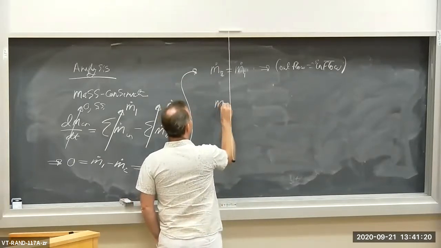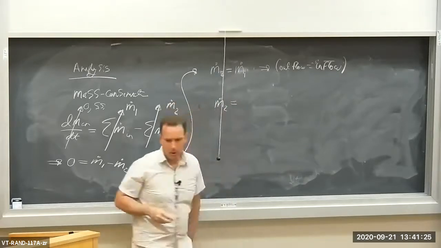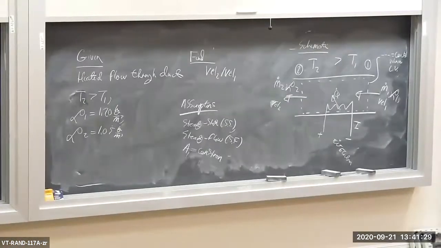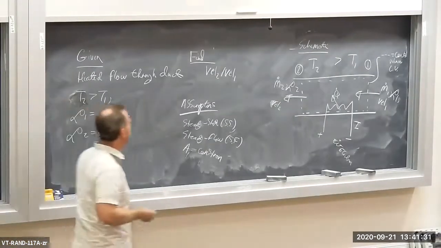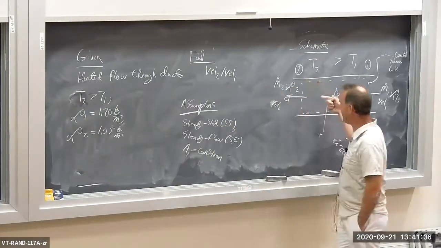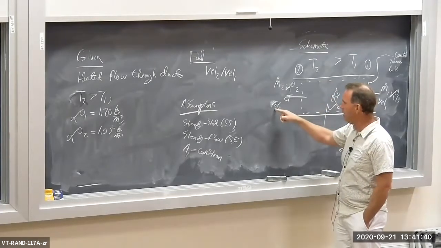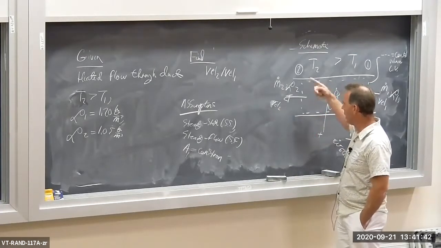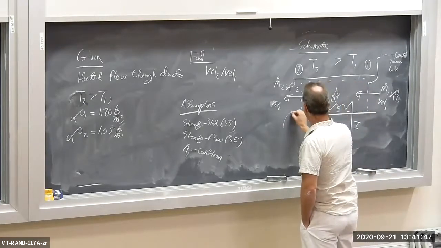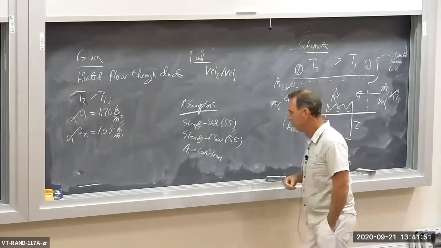So m.2, the outflow, what's that equal to? Well, the outflow is equal to the density at the outlet times the velocity times the flow area. So there's some kind of flow area, okay?